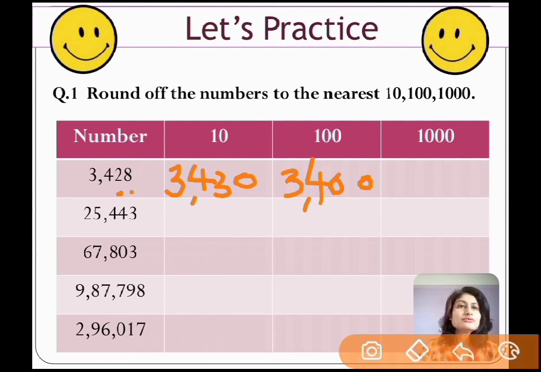Now we round off to the nearest 1000. Now what is in the 100 position? It is 4. So 4 is less than 5. So we replace the 100, tens and ones positions with 0 and we write 3 as it is. So here the answer is 3000.